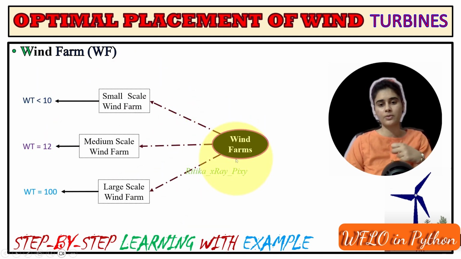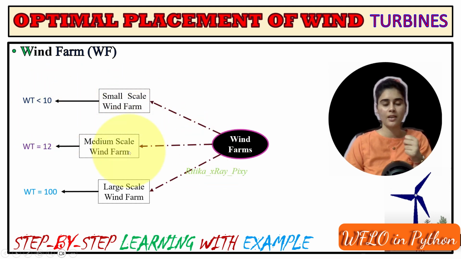Next we have different wind farms: small scale, medium scale, and large scale. A small scale wind farm consists of fewer than 10 wind turbines. A medium scale wind farm consists of a dozen to a few dozen wind turbines, and large scale wind farm projects can have 100 or more wind turbines, depending on their size and capacity.